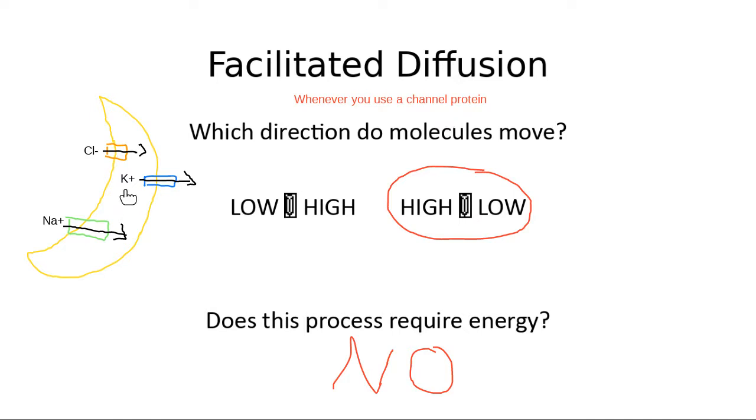I can only ever move potassium to the outside with a channel protein. I can only ever move chloride and sodium to the inside with a channel protein. These channel proteins only do high to low. So never tell me on homework or on the exam that we're going low to high, because channel proteins only go from high to low.